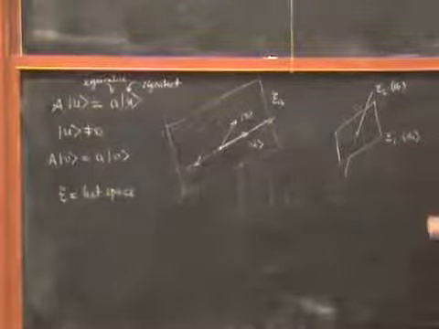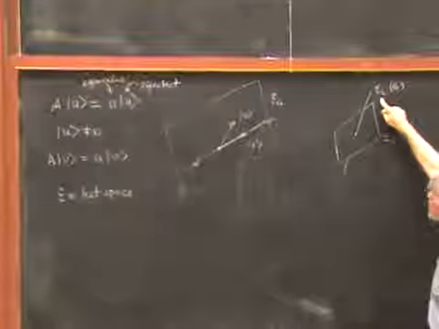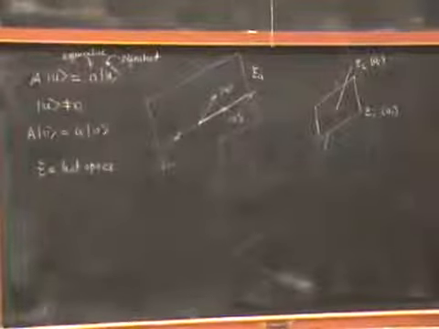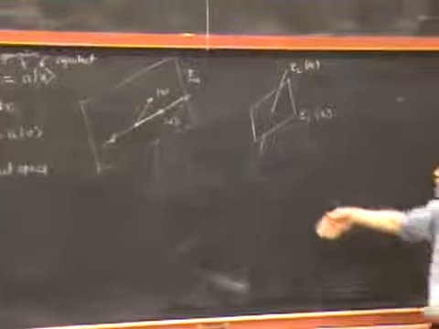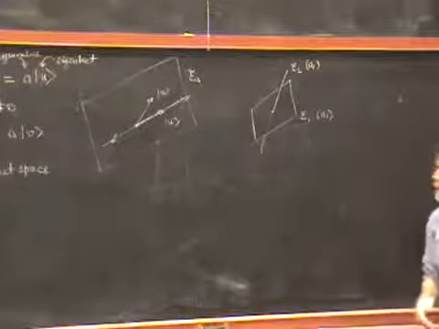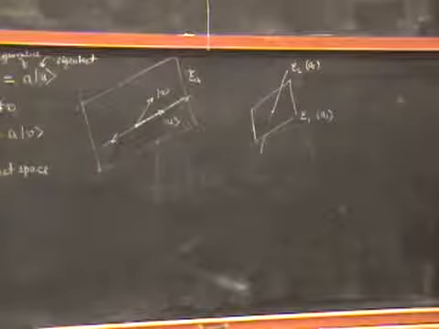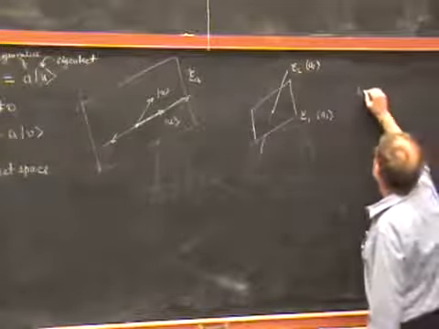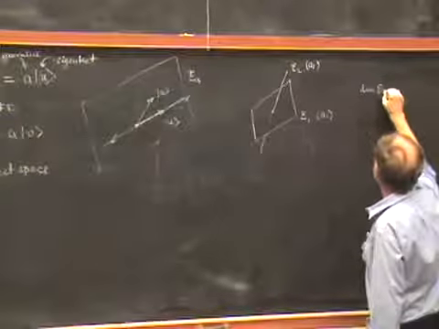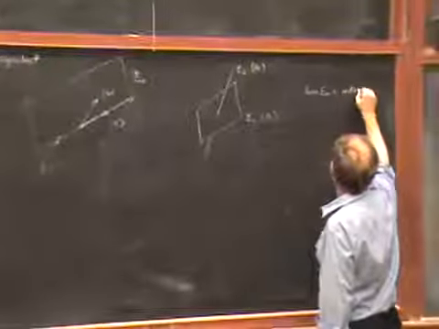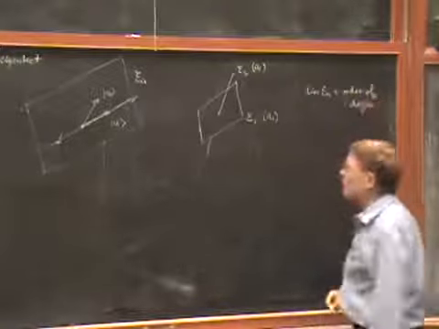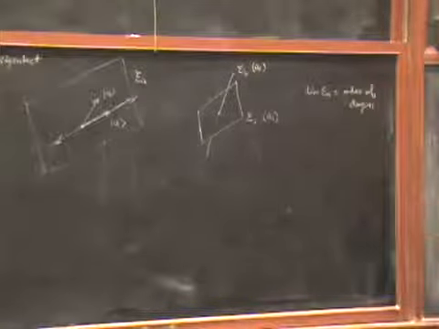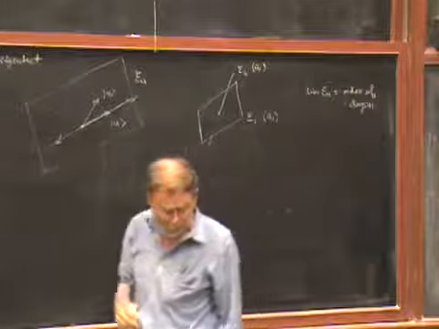If the eigenspace is one-dimensional, like I drew here for this E2, then we say it's non-degenerate, which doesn't mean the eigenket is unique, but it's unique to within a single multiplicative constant. So the dimensionality of the eigenspace E_n is what we'll call the order of the degeneracy.